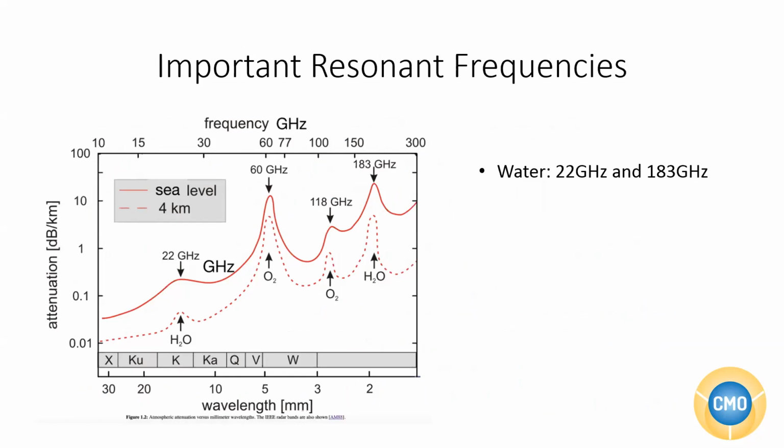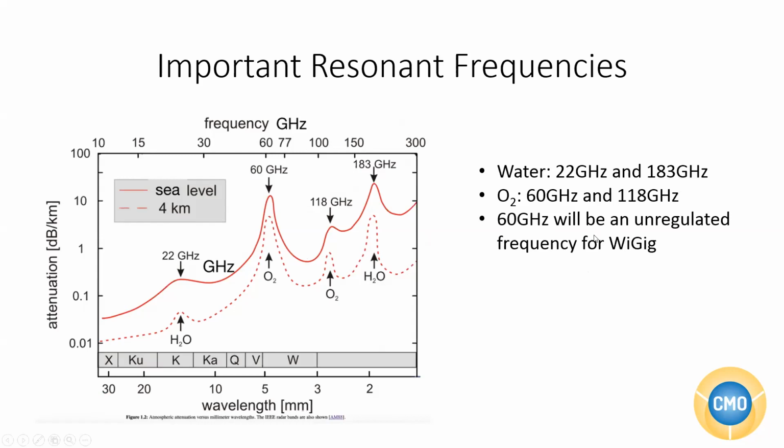One is water, which is 22 gigahertz, which is very close to the high band 5G that will be rolled out when they've got the infrastructure more in place than they have now, and also 183 gigahertz, which probably wouldn't be used for quite some time. But we've also got oxygen, diatomic oxygen, O2, and its resonant frequency is 60 gigahertz and 118. You can see these peaks here on the graph.